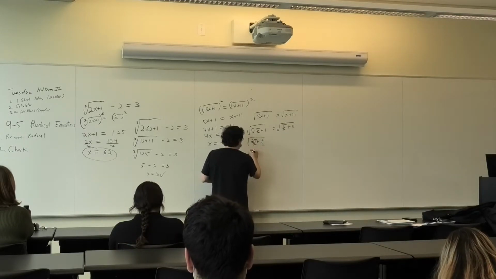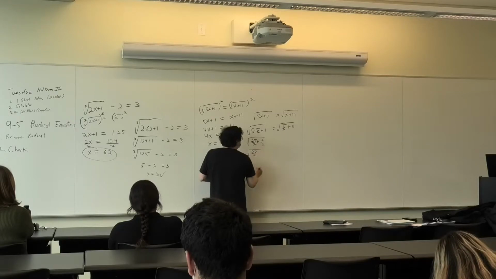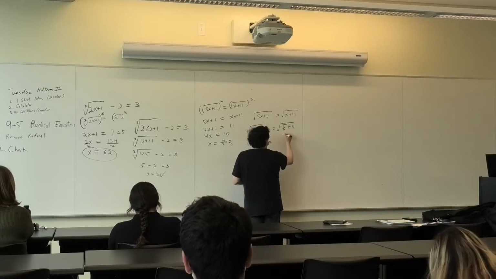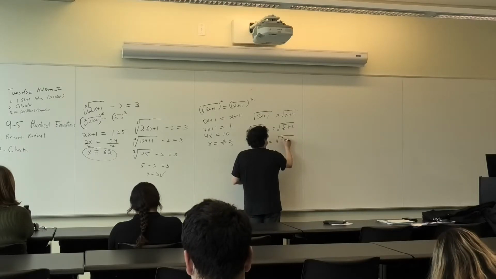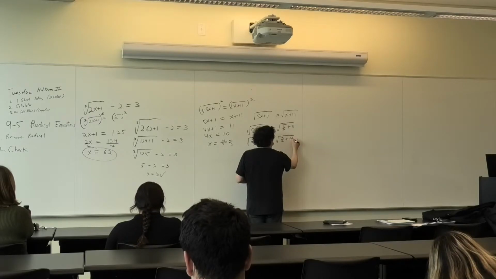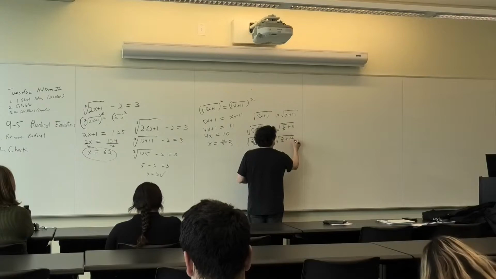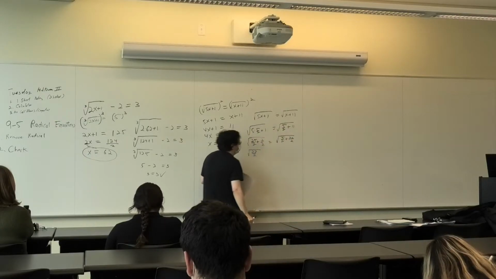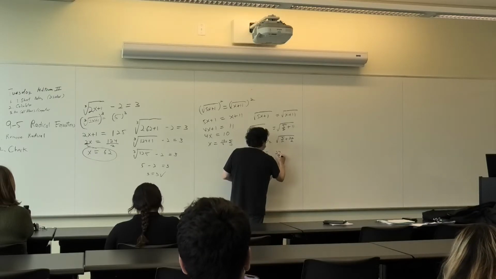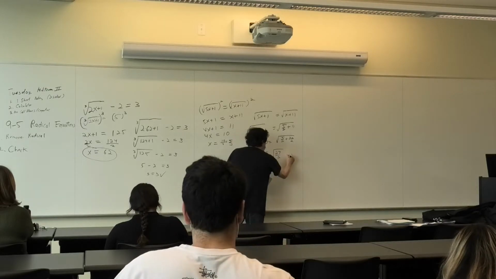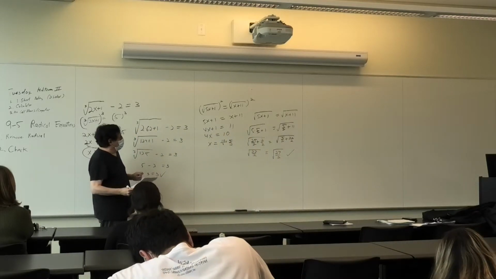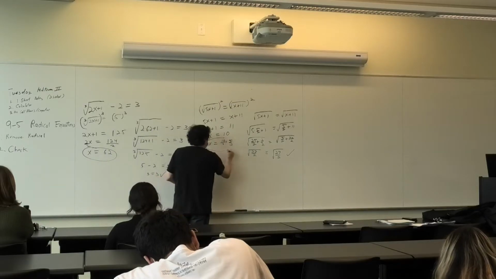That's going to equal the square root of 27/2. Over here, again, 5/2 plus, wait a minute, yeah, 11 is 22 over 2. And this equals the square root of 27/2. All right. So that works. So now we know this is a valid solution.